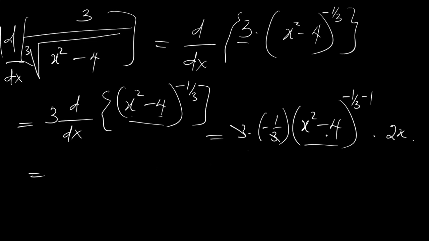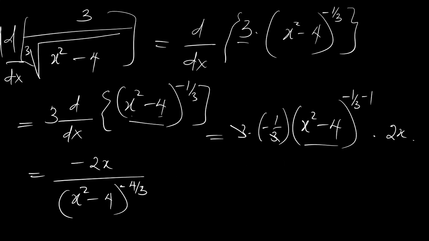So now this minus 1 times 2x, we have minus 2x divided by x squared minus 4 raised to the power minus 4 over 3.